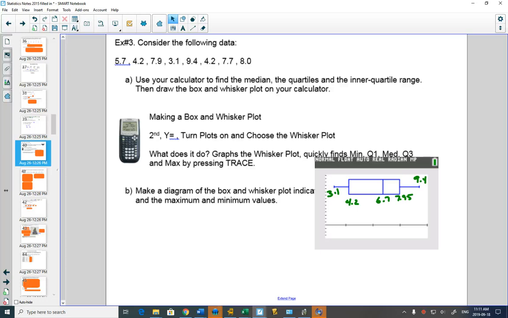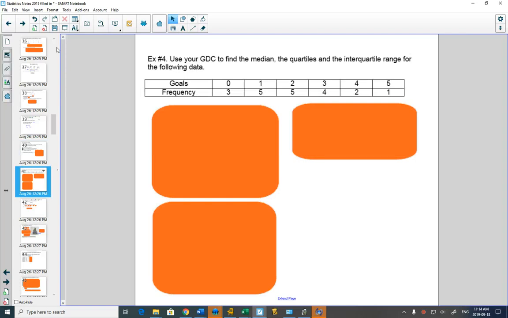That shows up on our graph. For this one, it doesn't say that you need to draw a box and whisker plot. The box and whisker plot would definitely get you your quartiles and your median, so it could be helpful, but you could get it just through the stat calculate as well.